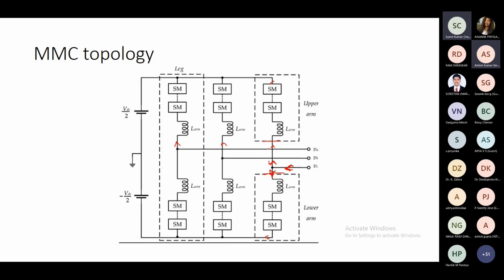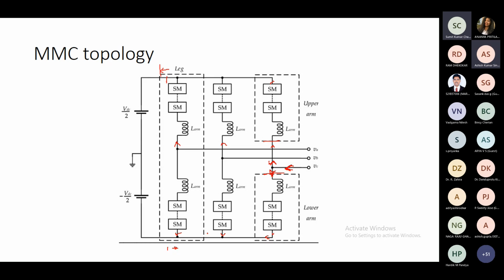So it will be circulating in between the arms. It will not come to this side. It will not come to this side. Okay. Similarly for the lower arms, it will be circulating here, and this is called circulating current. But this circulating current of AC component is unavoidable.